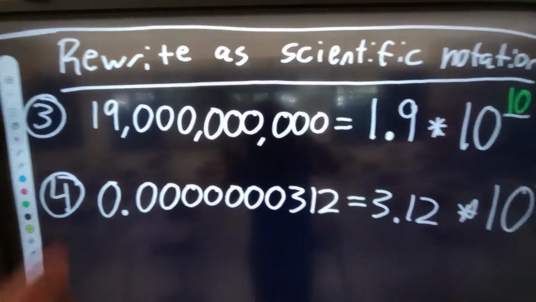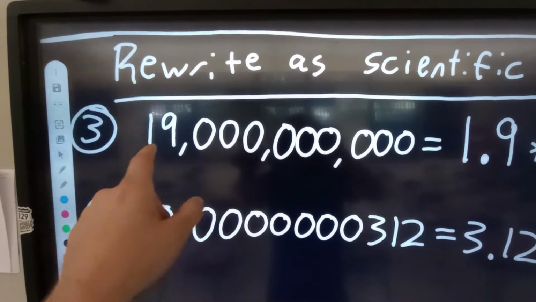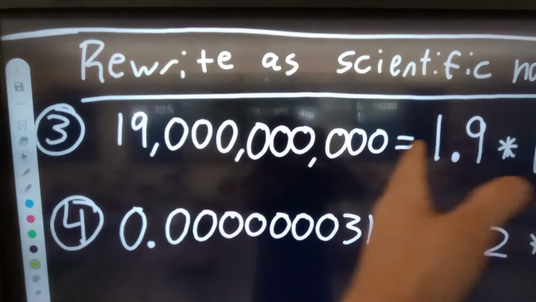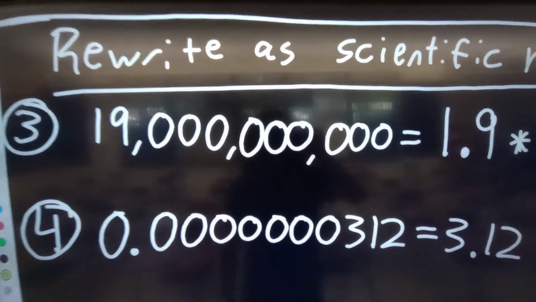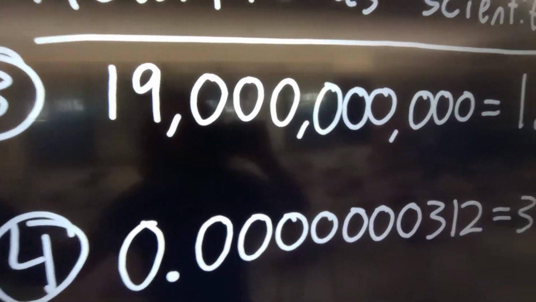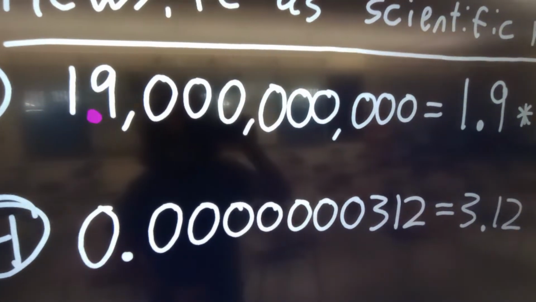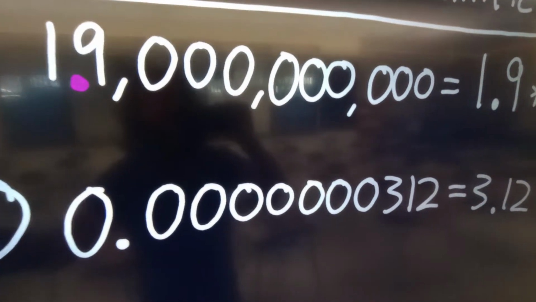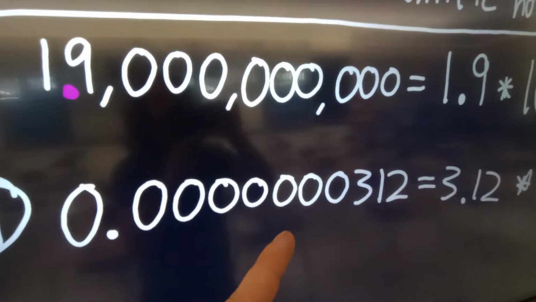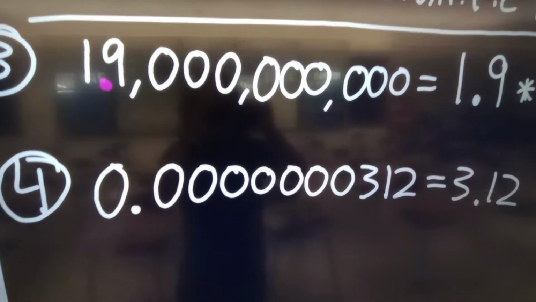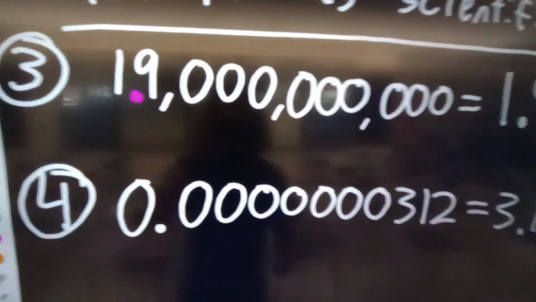We also did 2 examples rewriting in scientific notation from standard form. So we started with 19 billion. So we had 19 with 9 zeros at the end. So step 1, we wanted to rewrite this. So we would have our decimal right there. That's where we want our decimal to be. The question is, how far would our decimal have had to move in order to get to where we want it? So let's find out.